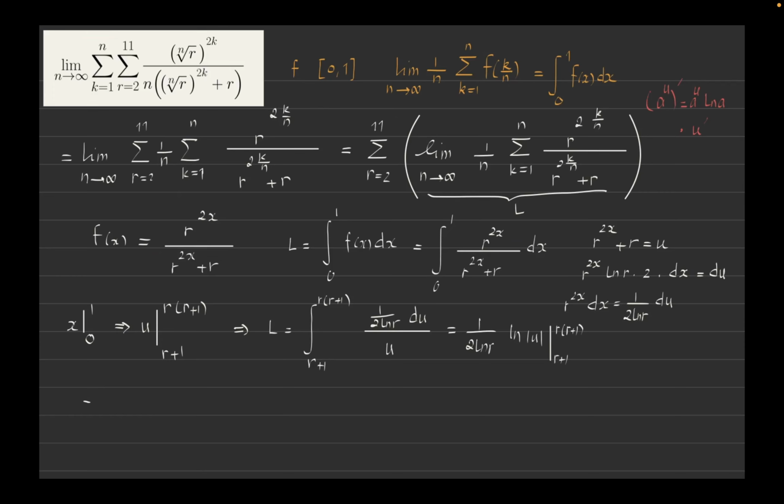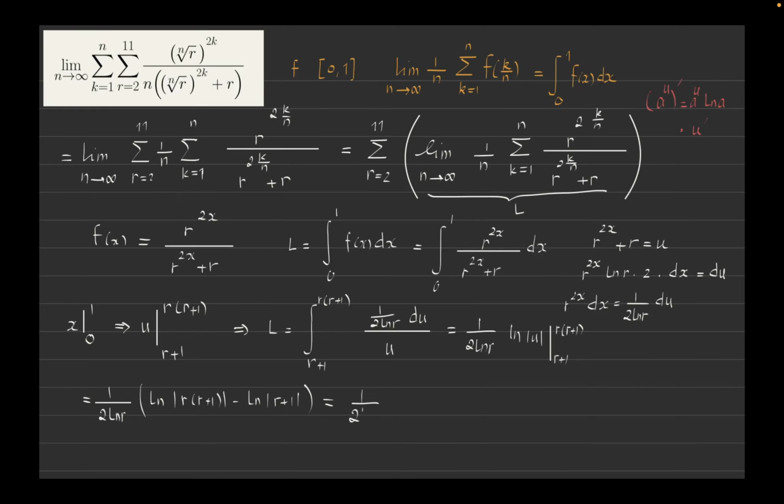So this becomes 1 over 2 ln of r, and then you have ln of the absolute value of r times r plus 1 minus ln of the absolute value of r plus 1, but of course here we don't need absolute value because r is a positive integer here.